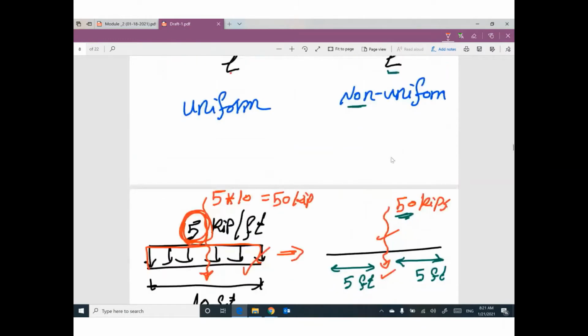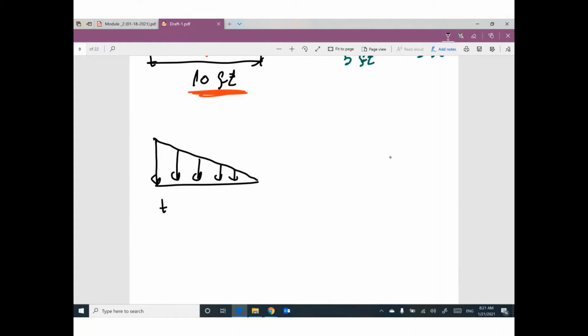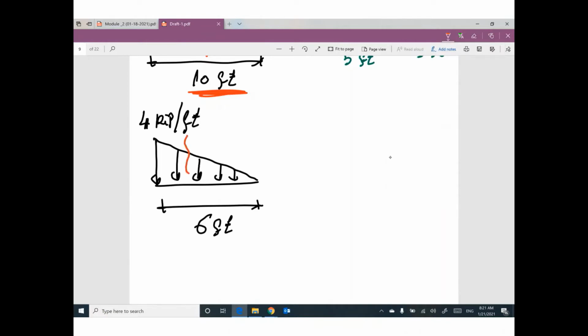For example, if you have a right angle triangle like this with length equal 6 feet and this value equal 4 kip per foot, we need to figure out the equivalent value for this distributed load.